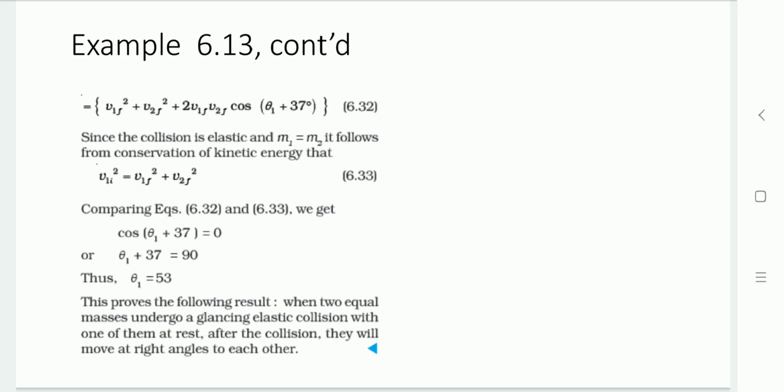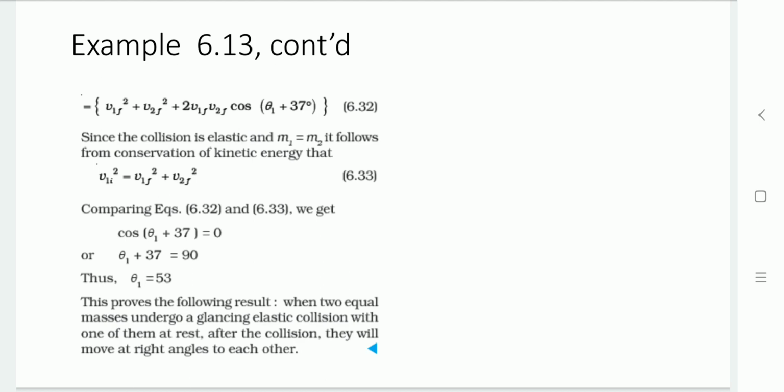Since the collision is elastic and m1 equals m2, based on conservation of kinetic energy, v1i square equals v1f square plus v2f square. By comparing equations 6.32 and 6.33, cos of theta 1 plus 37 is 0.